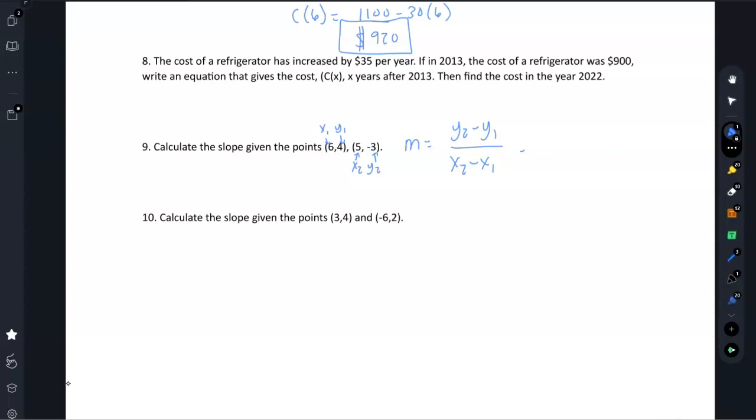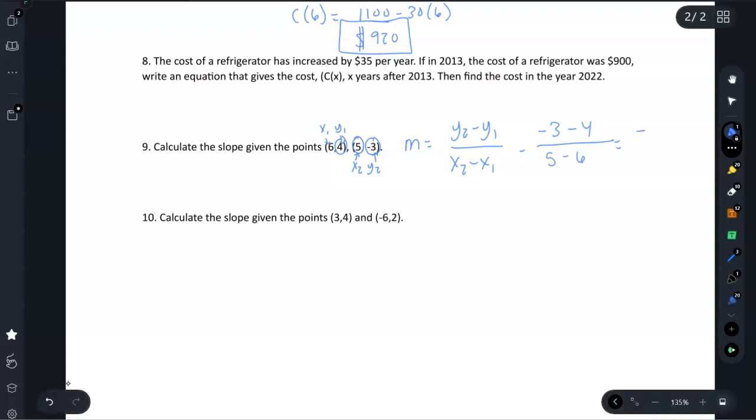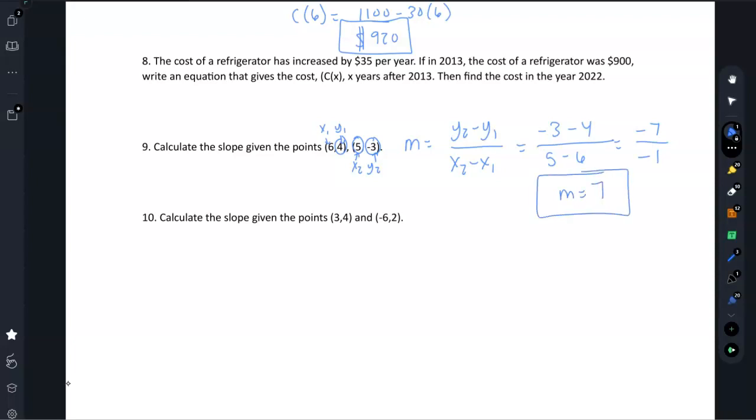So if I plug those in, I have negative 3 minus 4, that was my y2 minus my y1, over 5 minus 6. And then I just do the math. Negative 3 minus 4 is negative 7, and then 5 minus 6 is going to be negative 1. So my slope is equal to 7.